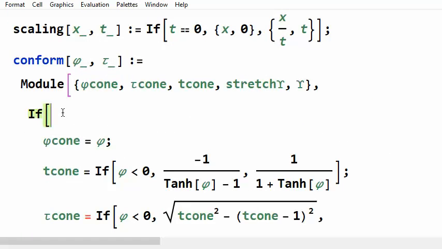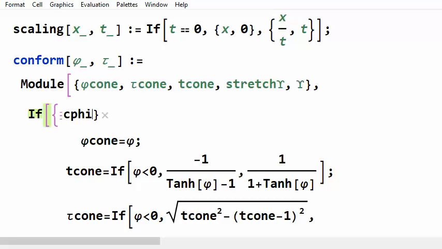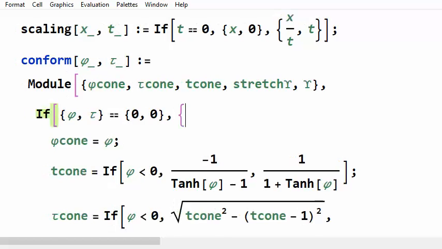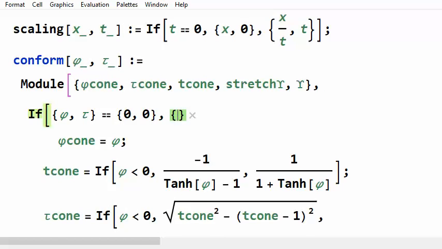So I'm going to put an if statement here, asking if c, tau equals 0, 0, then return negative 1000, 0.